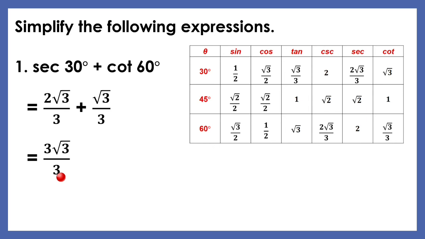So, we have 3 square root of 3 over 3. Pwede pa nating isimplify. Cancel natin ang 3 sa numerator and 3 sa denominator because that is equal to 1. Ang maiwan na lang is square root of 3. Therefore, this square root of 3 is the simplified form of secant 30 degrees plus cotangent 60 degrees. Let's have the second example.